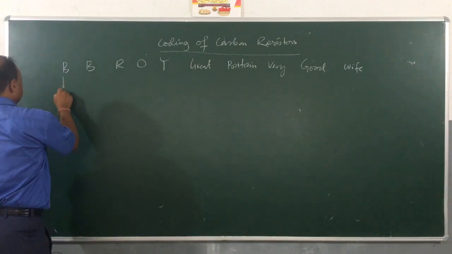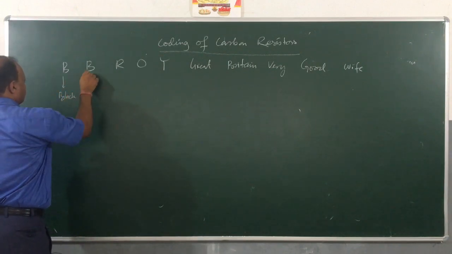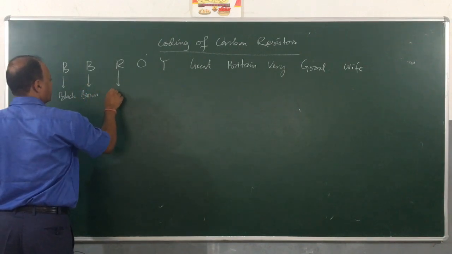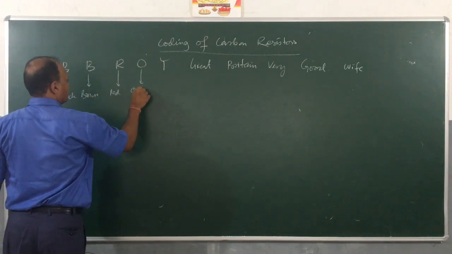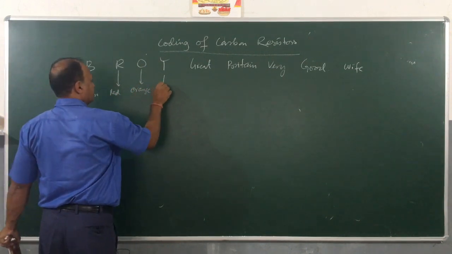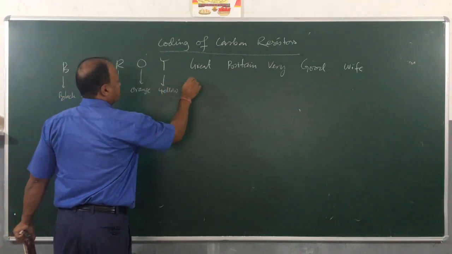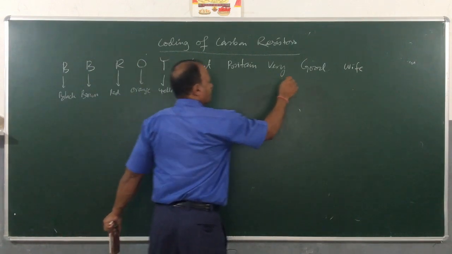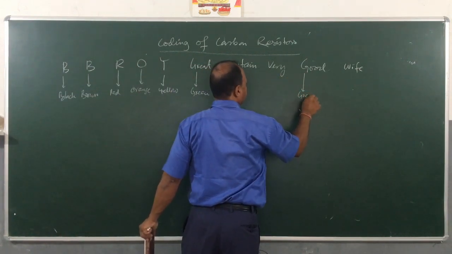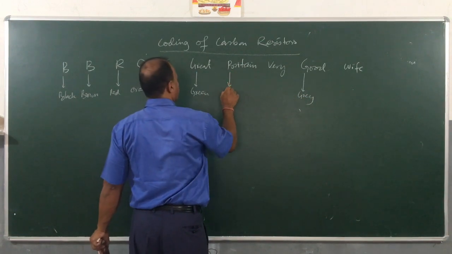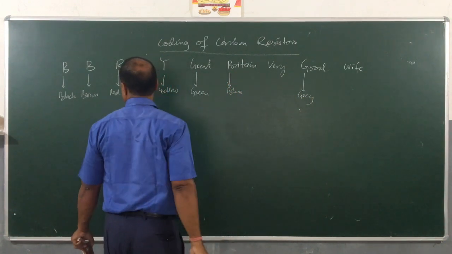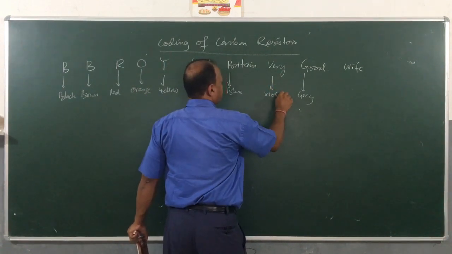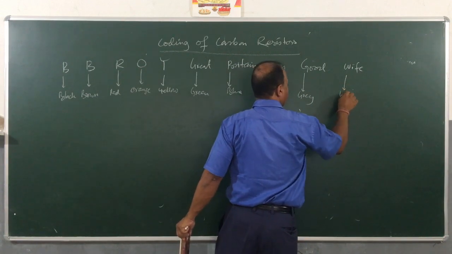This is black, this is brown, this is red, this is orange, this is yellow, this is green, this is grey, this is blue, this is violet, and this is white.